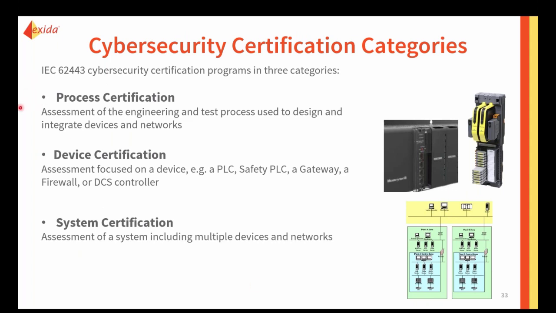The first is process certification, which is what we were talking about with the 2-4 standard, certifying the processes used in the security program. The second type is device certification, certifying the security achieved for a specific device. The last type is system certification, certifying a group of components working together, or a network, to show that the overall system has achieved a certain level of security.